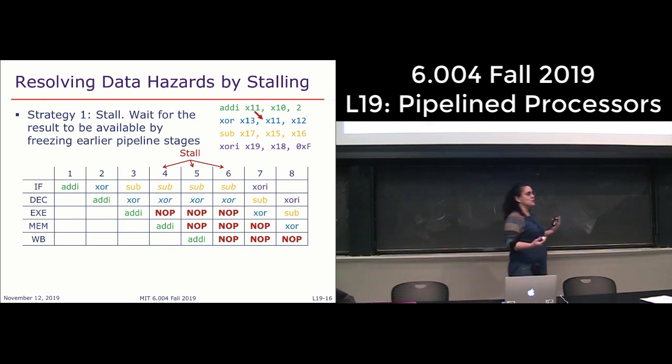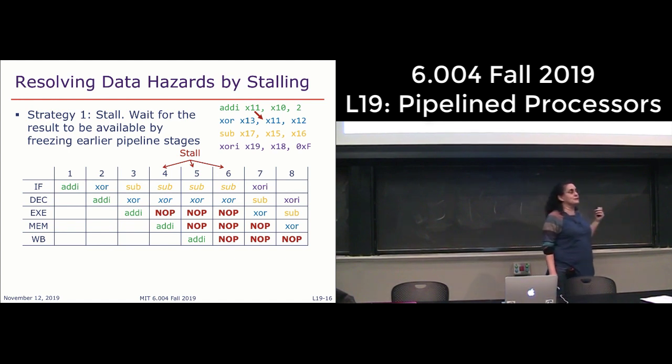If we draw out our pipeline diagram, when the exclusive OR enters the decode stage, it's going to say, hey, I need to read X11. Okay, but our processor knows that there's already an instruction that's currently in the pipeline that's going to write to X11. And so it's going to say, okay, I need to stall the pipeline.